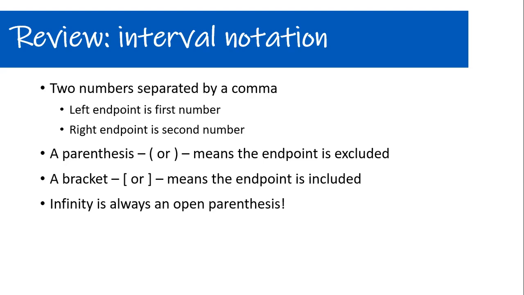Once it hits 3.0, it's not included in that interval, okay? A bracket with a 3 as the upper endpoint would mean that it goes up to exactly 3.0, with 3.0 being included. Anything bigger than that would not be included. If you're writing an infinity, it will always be an open parenthesis, okay?